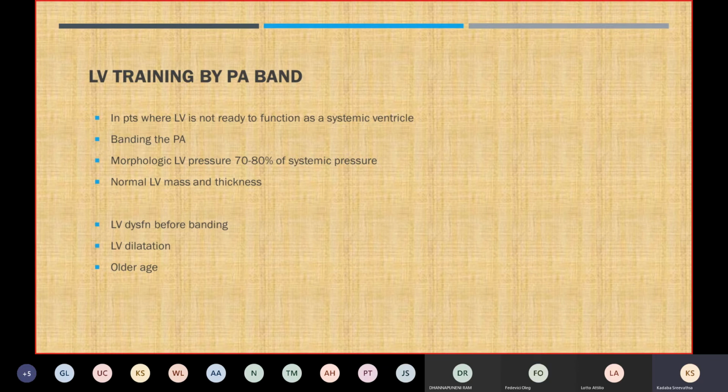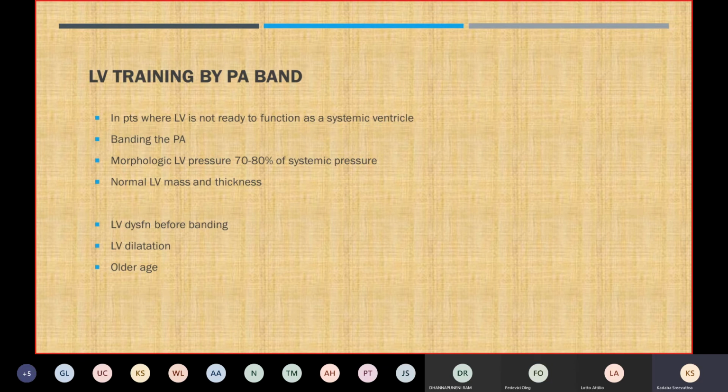There is no established guideline as to what has to be the adequate pressure of the left ventricle to say that it will sustain a complete repair or anatomical repair if we are embarking upon. But still, a morphological LV pressure of 70 to 80% of systemic pressure is taken as an adequate guideline to proceed with further surgery. Again, we need to echocardiographically assess the mass of the left ventricle.